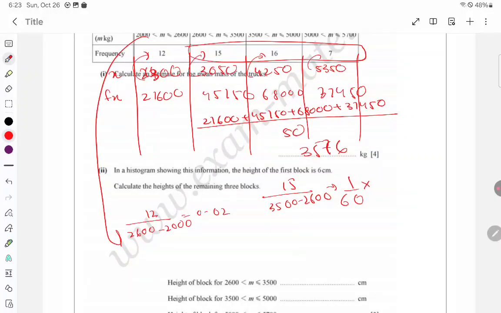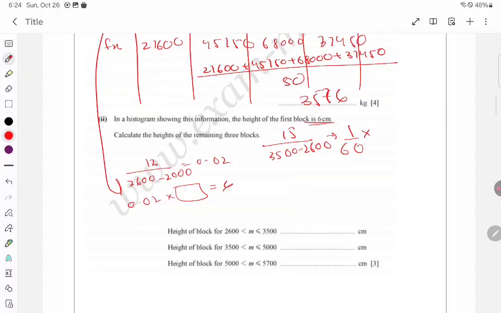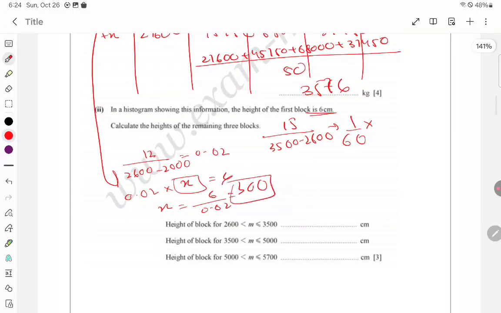Now 0.02 multiplied by a number which we have to calculate gives the answer of right here 6. So to calculate the x, x is equal to 6 divided by 0.02, we get 300. So we get our x value, which is 300.